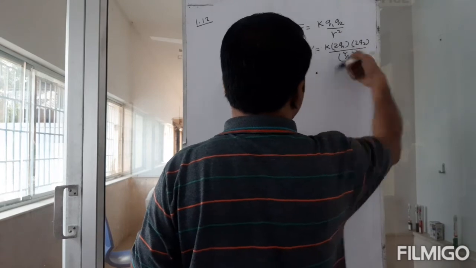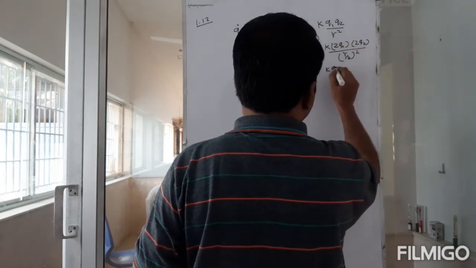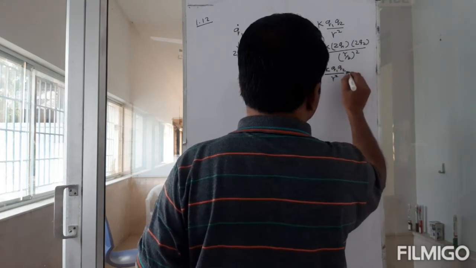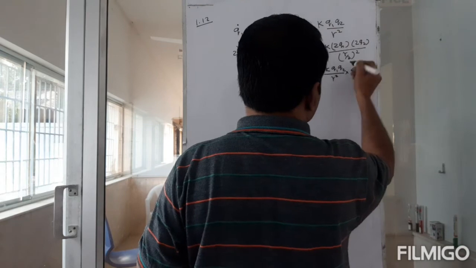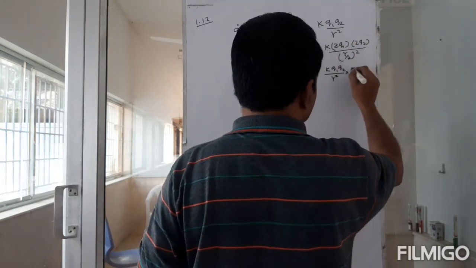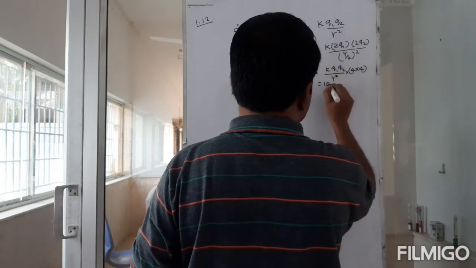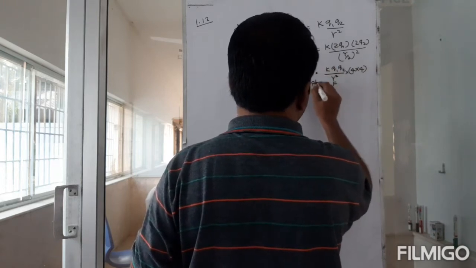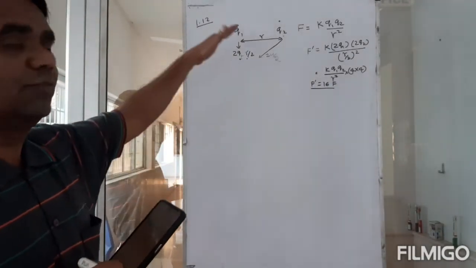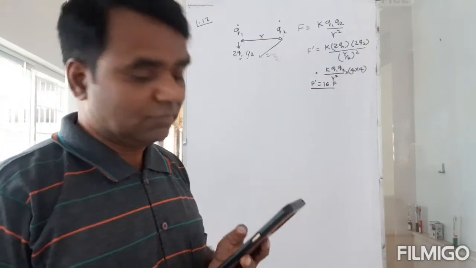That gives you K Q1 Q2 by R squared into 2 into 2, which is 4, and the 2 squared goes up into 4, so it's 16. So the new force is going to be equal to 16 times the old force. Whatever force you calculated for the first part, you need to multiply that by 16 to get the new force. That's all there is to it.